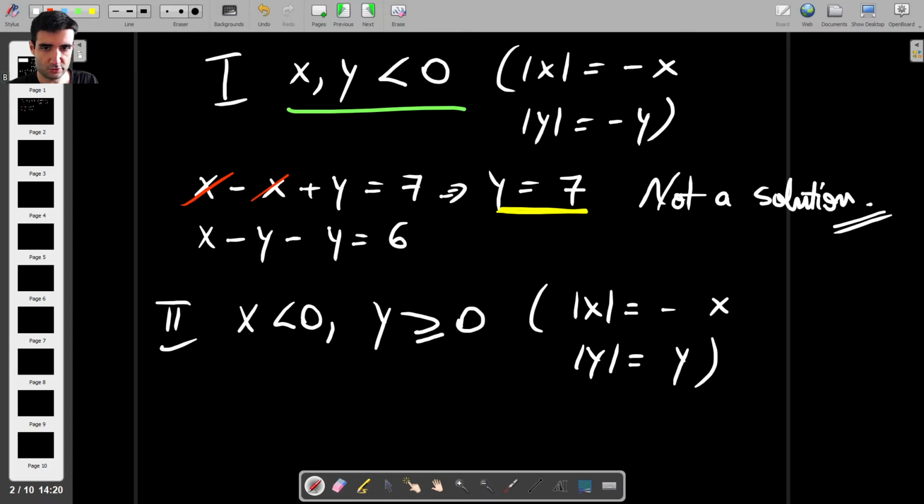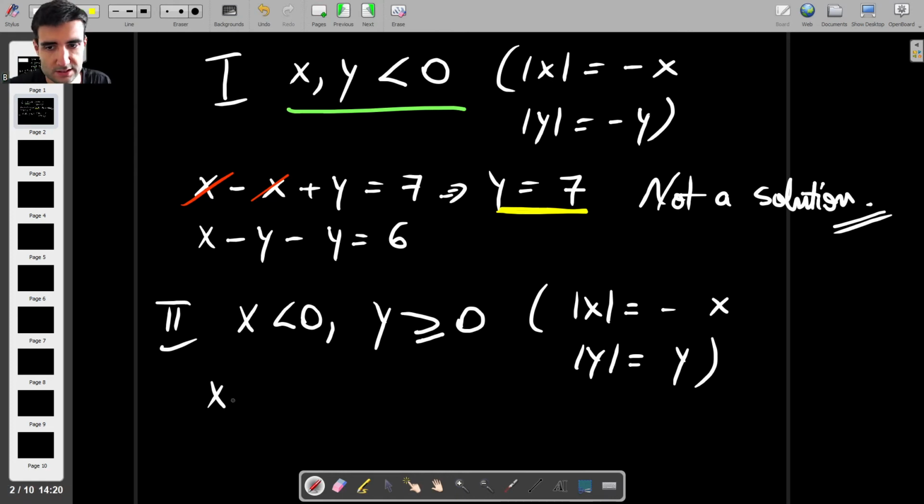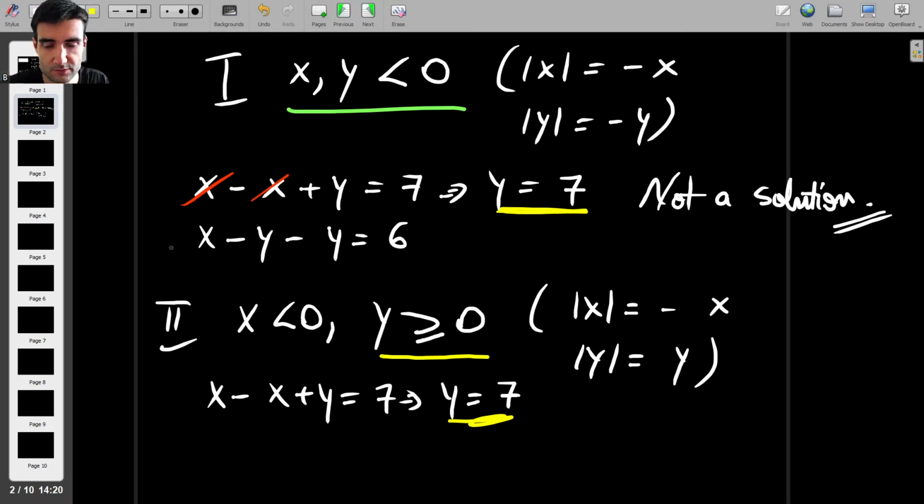Maybe I should put greater than or equal to, just to satisfy the definition that we wrote here. Let's rewrite the two equations. The first one is x minus x plus y is equal to 7, which means that y is equal to 7. So y is still 7, but now it satisfies our condition that y should be positive, so there's no contradiction in that regard.